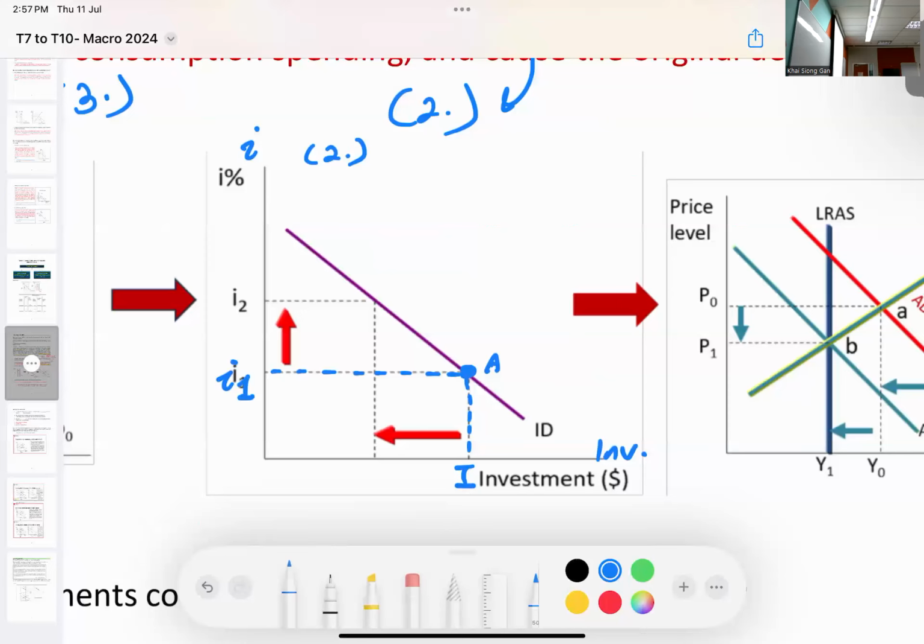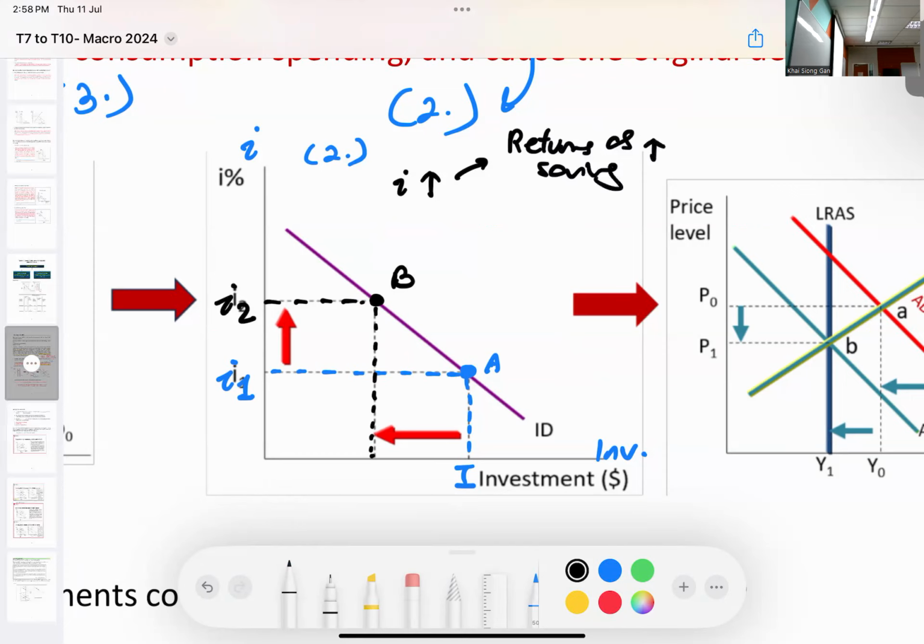Now what happens is the interest rate goes up because of lower money supply. So now the interest rate goes up to point B. A higher interest rate means the returns on saving become higher, so people will save more and spend less.